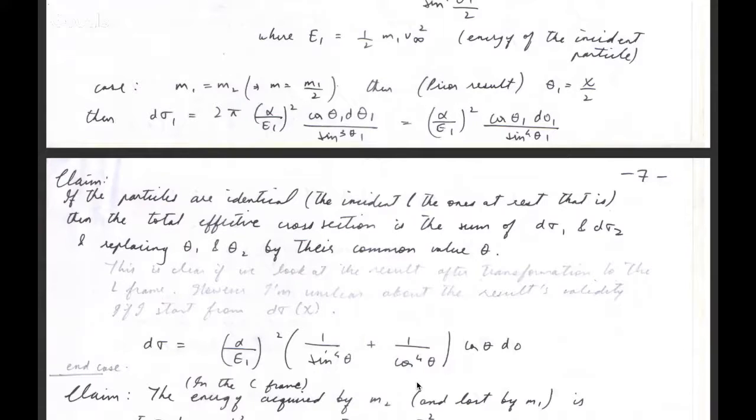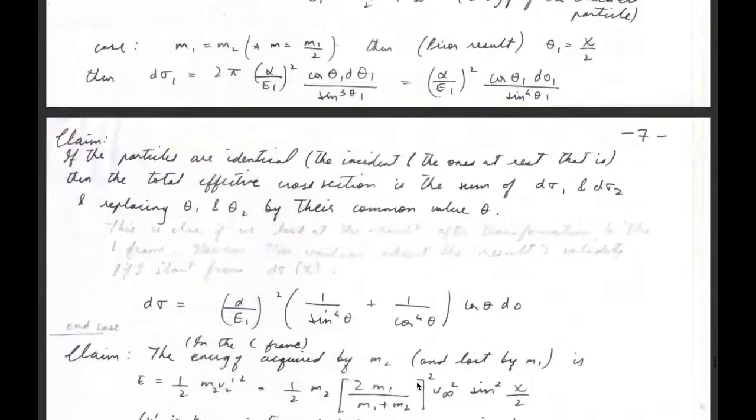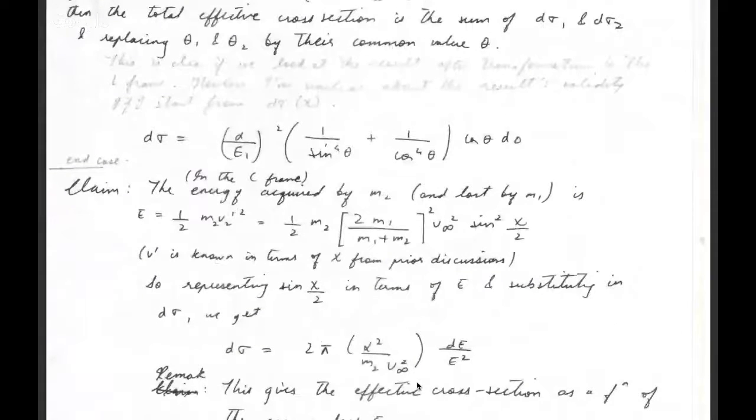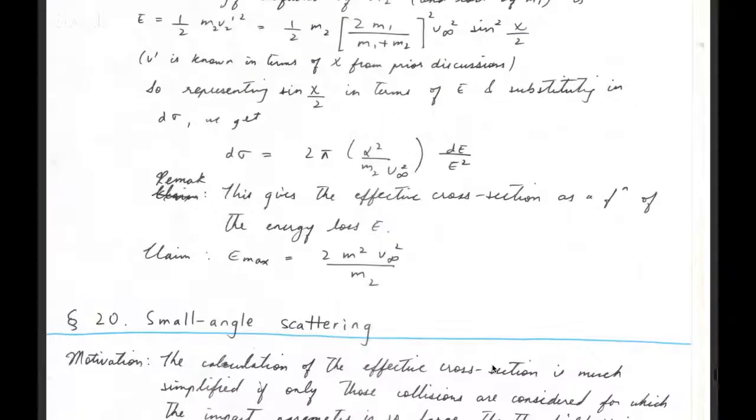I think we will have to understand the relation between theta 1 and theta 2, otherwise it will stop making sense at all. Okay, so claiming that the energy acquired by M2 is lost by M1, let us stop at this stage, because it's not making any sense for me without understanding theta 1, theta 2.